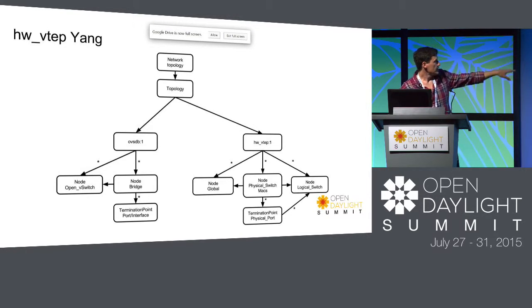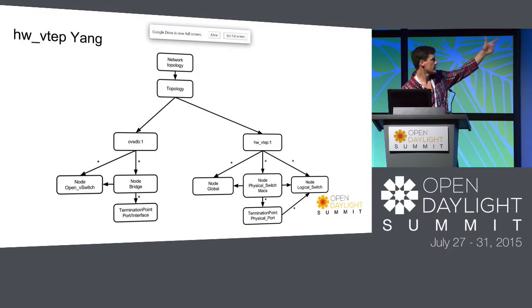If you look on the left side, this is how the model currently looks with the OVSDB project with the Open vSwitch schema. It's under the network topology model. The OVSDB node is our root node. Underneath that, we have the Open vSwitch and the bridge, which correspond to the Open vSwitch tables. Open vSwitch is a root table. Bridges are switches.